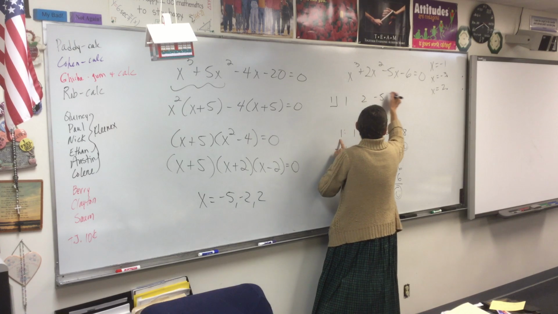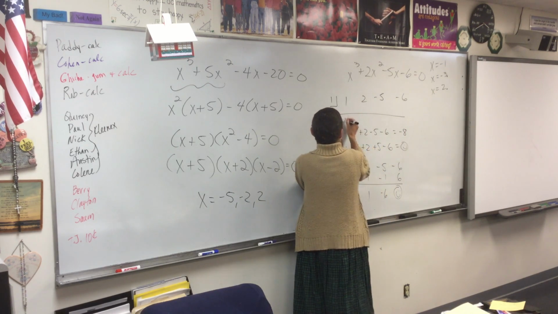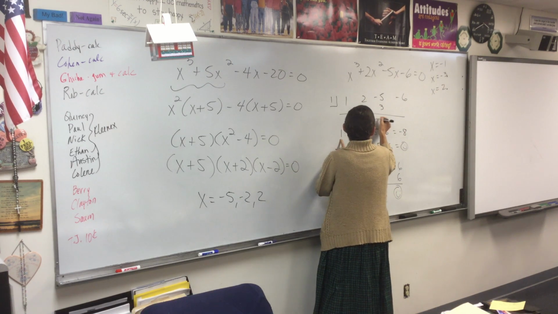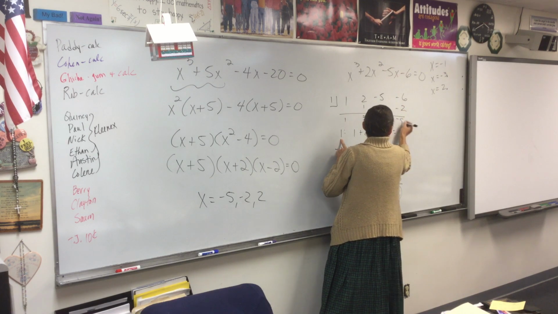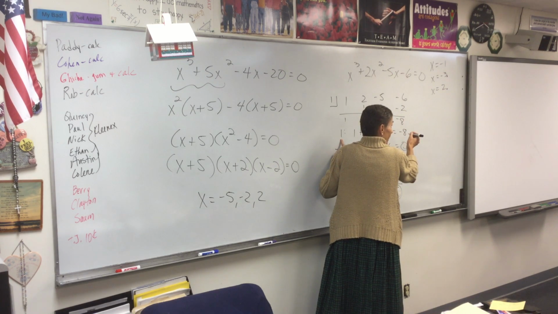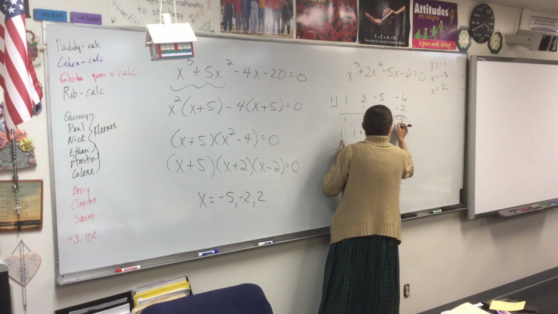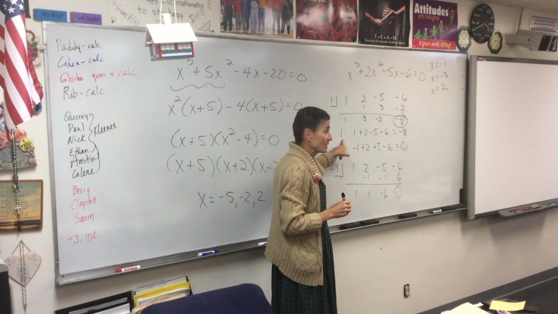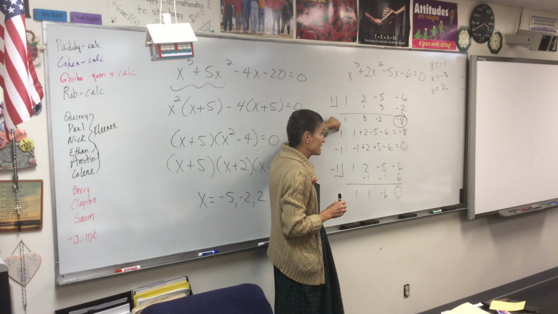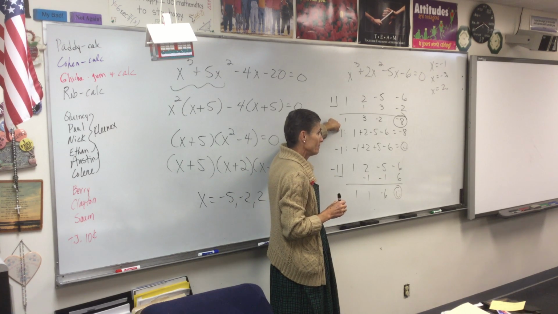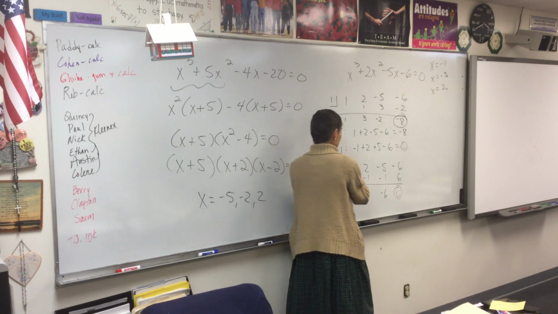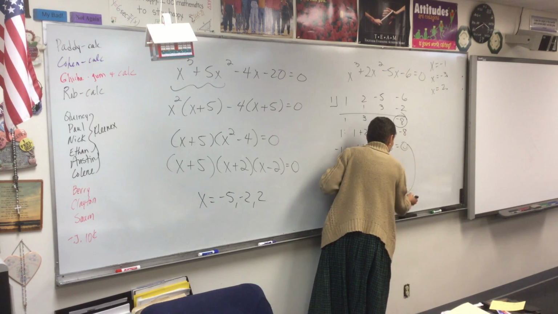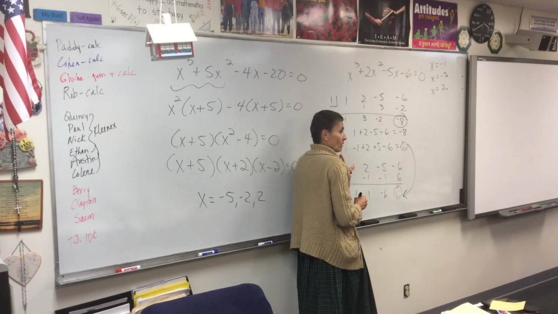Now, some of you do this already, and that's perfectly okay. If I divide, oh my gosh, the remainder is the same number I get when I plug the number in. Now, when I plugged this one in, I got 0. What was my remainder? 0.